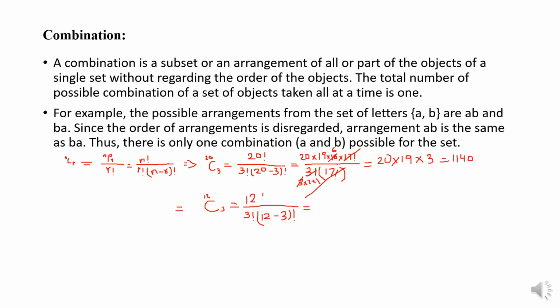So this is equal to 12 into 11 into 10 into 9 factorial, divided by 3 factorial, which is 3 into 2 into 1, into 12 minus 3, which is 9 factorial.